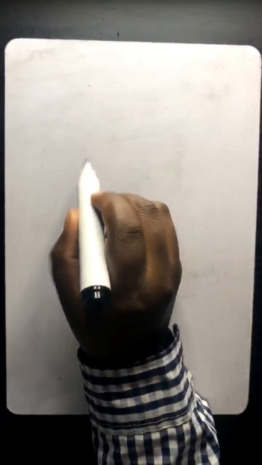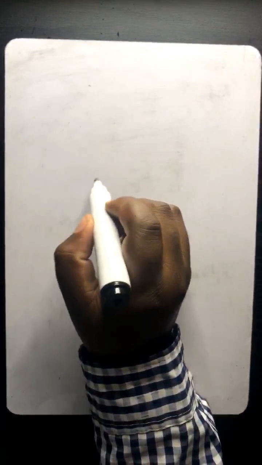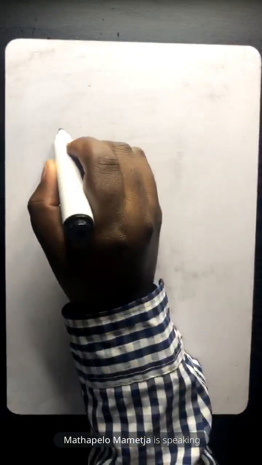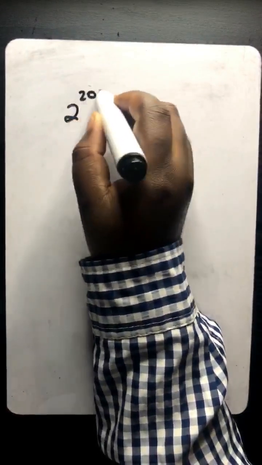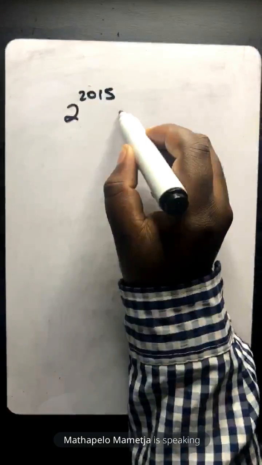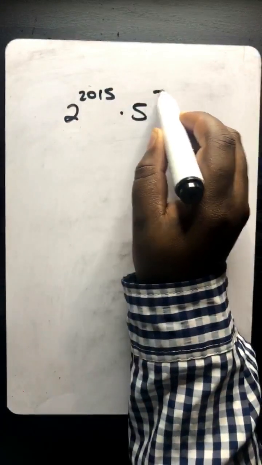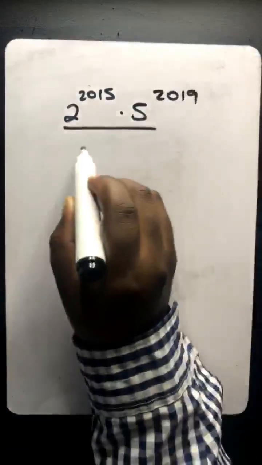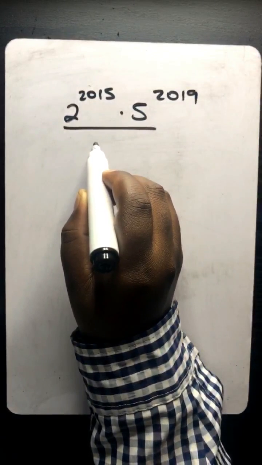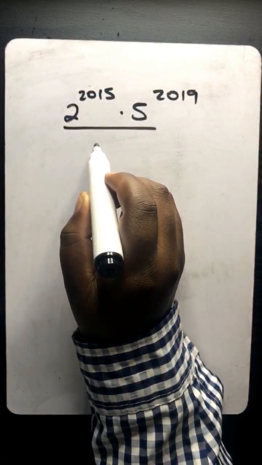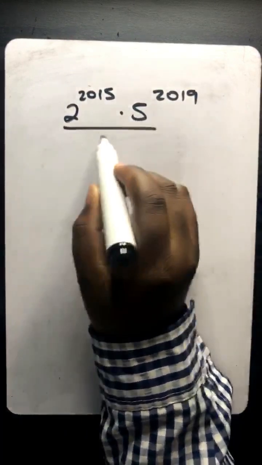The original question: 2 to the exponent 2015 times 5 to the exponent 2019, or 19?